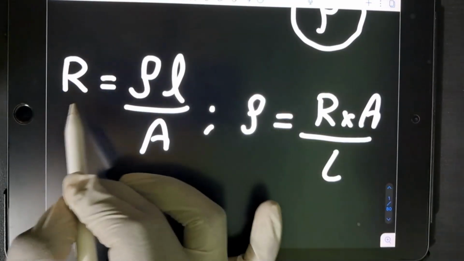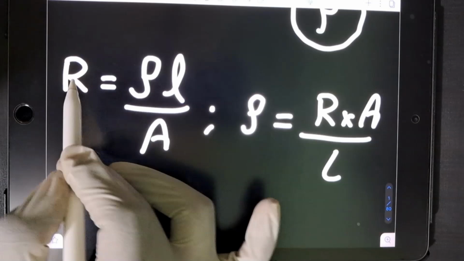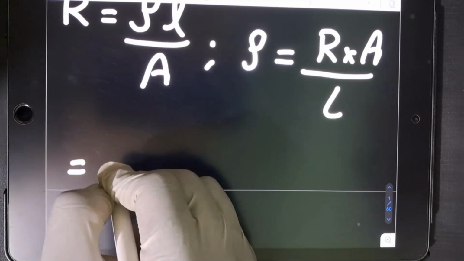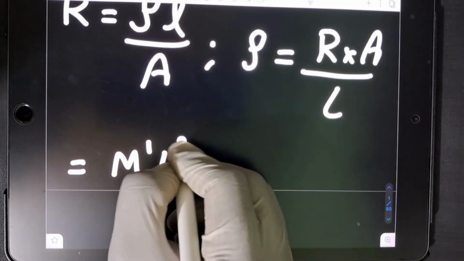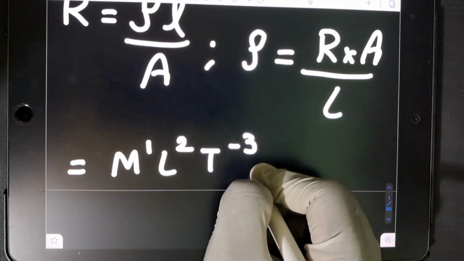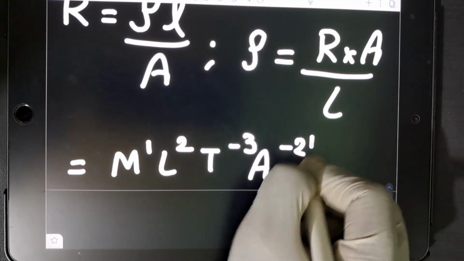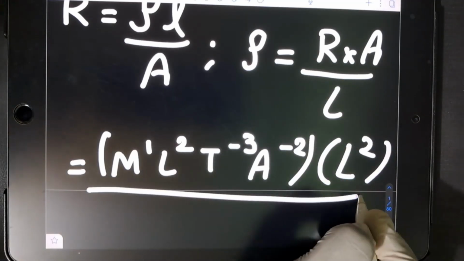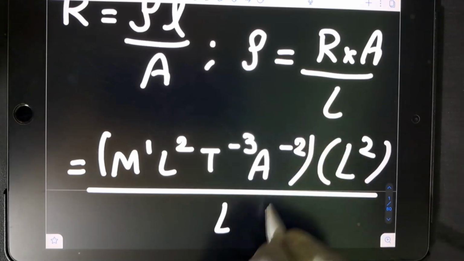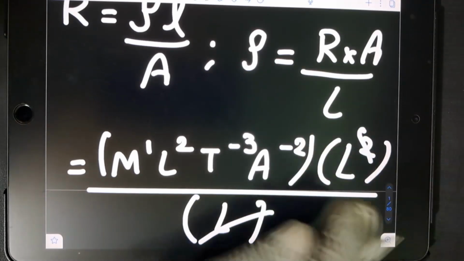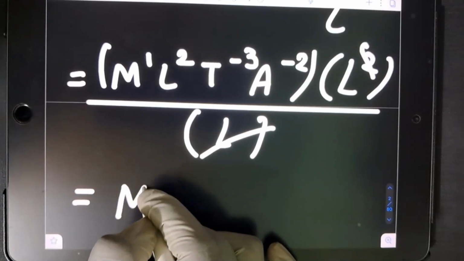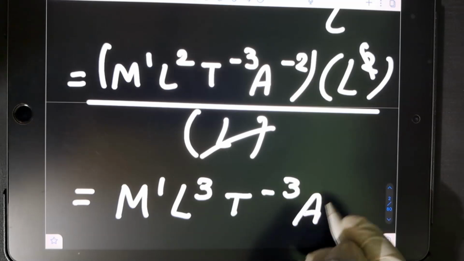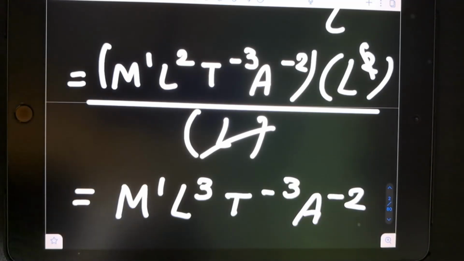Here R is equal to rho L by A, where rho is equal to resistance into area by length, RA by L. So here we must know the resistance dimensional formula, M^1 L^2 T^-3 A^-2, into area L squared, and here length is L. On cancellation of length dimension, we get M^1 L^3 T^-3 A^-2, the dimensional formula of electrical resistivity.